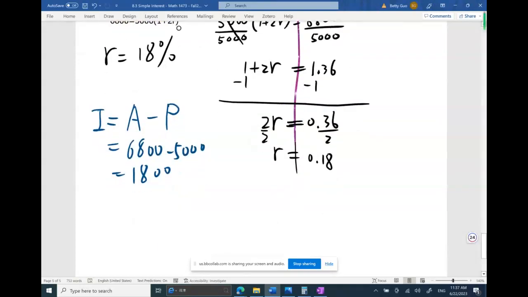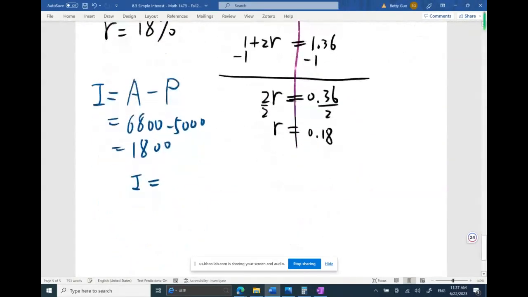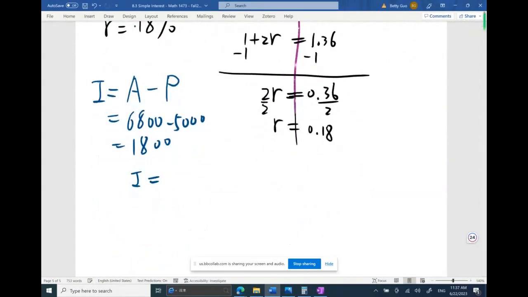Even if you do not remember the other formula, you need to remember the simple interest formula: I equals P times R times T. Now you can plug it in. I is 1,800. P is 5,000. T is 2. R is unknown.